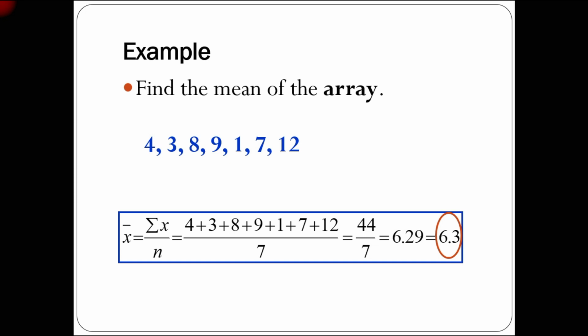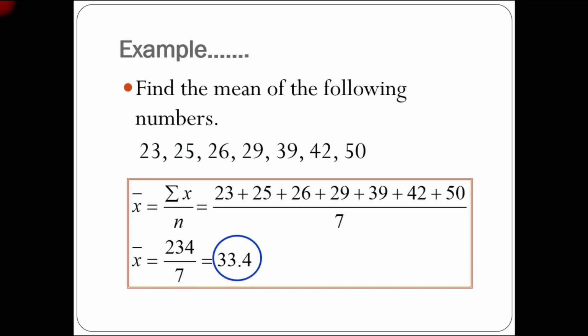Okay? So, next, another example. Find the mean of the following numbers. We have 23, 25, 26, 29, 39, 42, and 50. Bibilangin ulit natin yung n. We have 1, 2, 3, 4, 5, 6, 7. Ang sample size natin or ang class size natin is equal to 7. And that's the n. Okay.